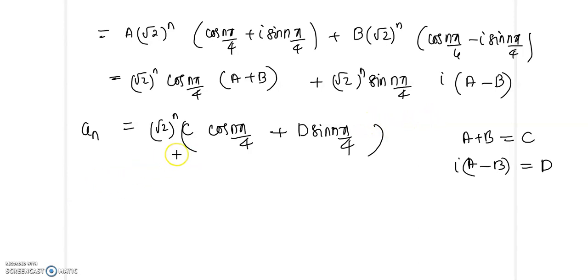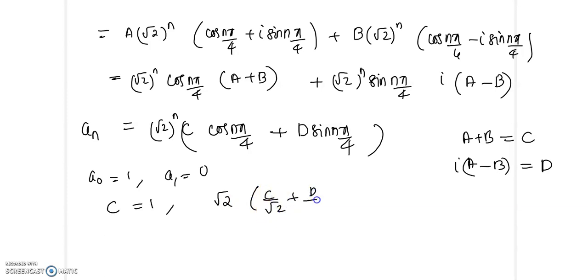Okay. And now we will use the initial conditions and find the values of c and d. So the initial conditions are a_0 equal to 1 and a_1 equal to 0. So a_0 equal to 1 with n equal to 0 gives c, since cos 0 is 1, so c will be equal to 1. For a_1, we get root 2 times (c by root 2 plus d by root 2), equal to 0.